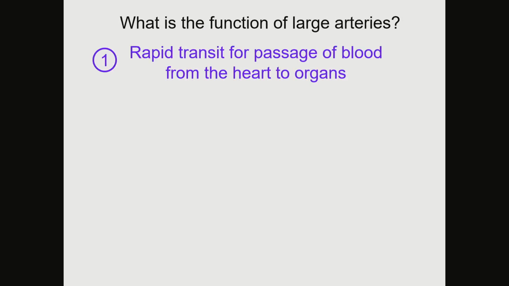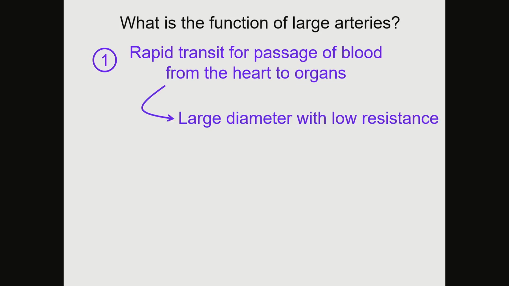Okay, function of our large arteries then. Obviously, it is to transport blood. For all of our blood vessels, the function is to transport blood. And they can do this relatively quickly, meaning transport it from our heart to our smaller blood vessels or to the organs, because they have that large diameter or radius and a low resistance. So it's very easy for blood to flow through these blood vessels.